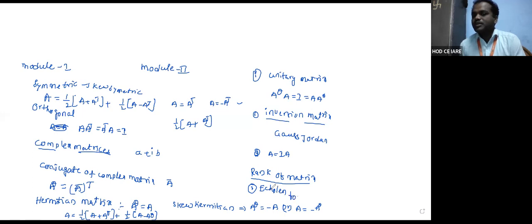Echelon form of the matrices. There are two types, row operations and column operations, but you learn only row operations, the row echelon form.